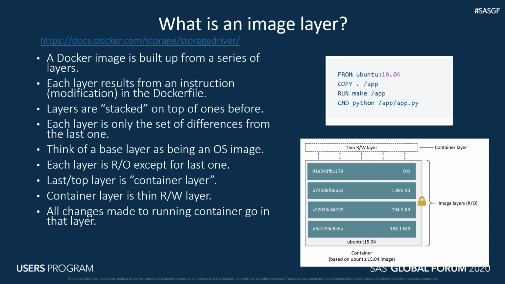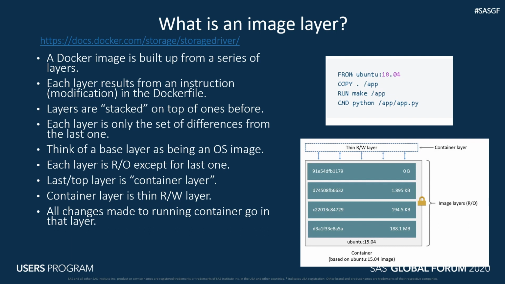Each layer in this case is going to be read-only, except for the last one, the container layer, when we actually spin up a container from it. The last or top layer is that container layer, which is a thin read-write layer. So all changes made to the running container go in that layer. If you look below the image, you can see that we have a version of the software, and then different layers for the different things that we have done to add up to the set of provisioned software.